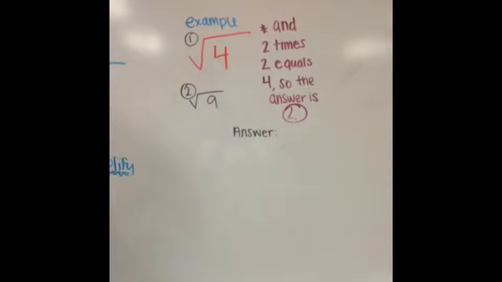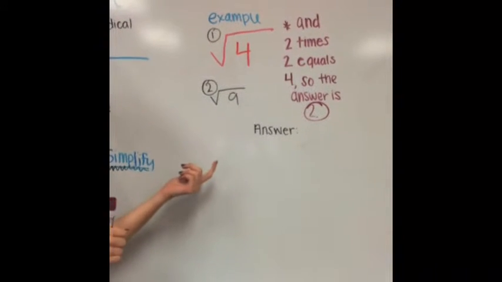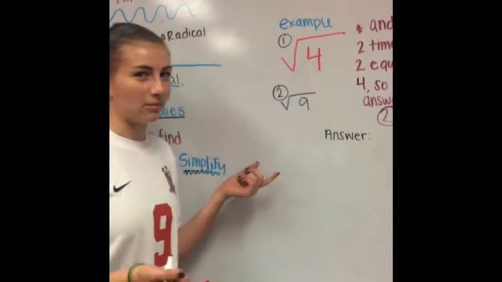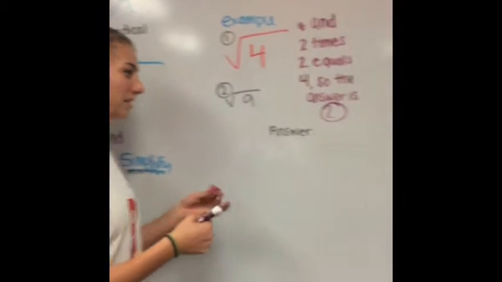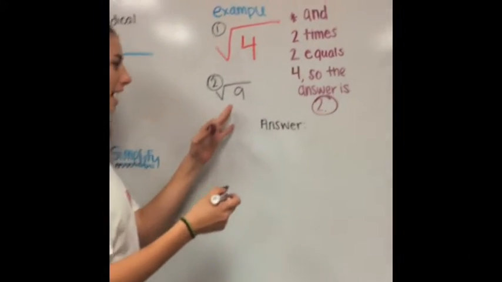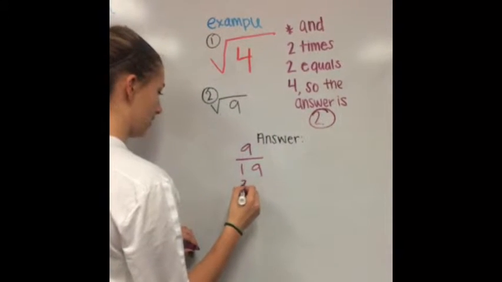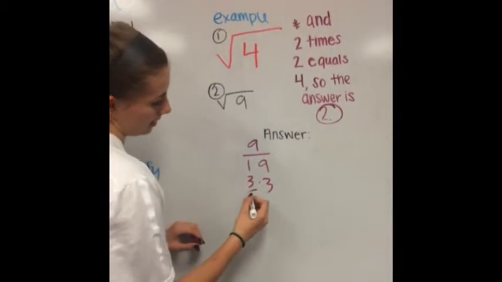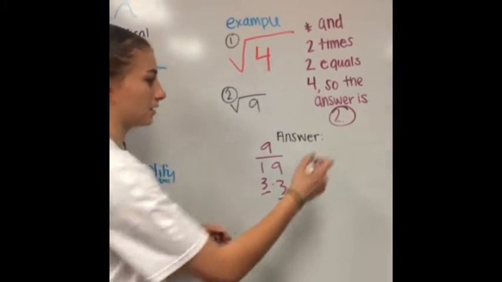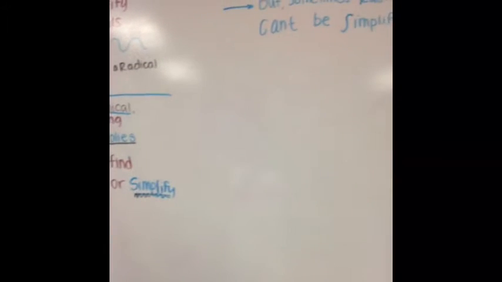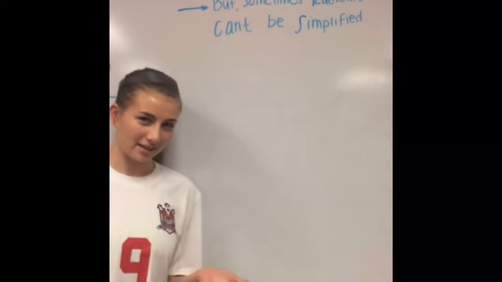And for radical 9, you're trying to find what multiples equal 9 that multiply by itself. 9 has multiples of 1 and 9, and 3 times 3, and that's 2 of the same kind, so the answer would be 3. But sometimes radicals can't be simplified easily.